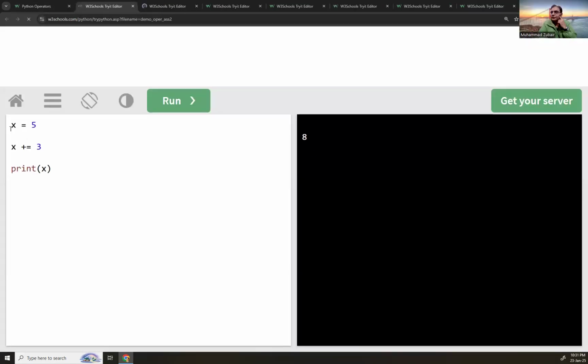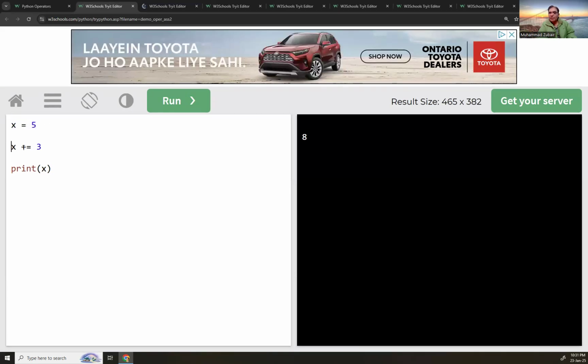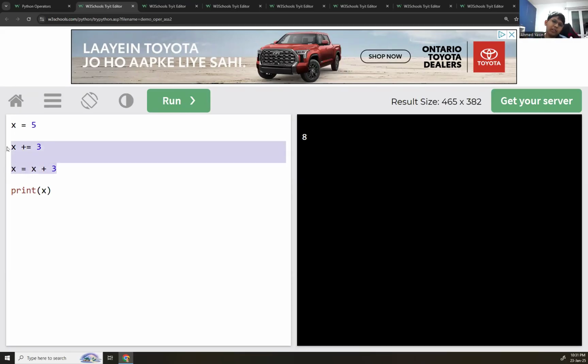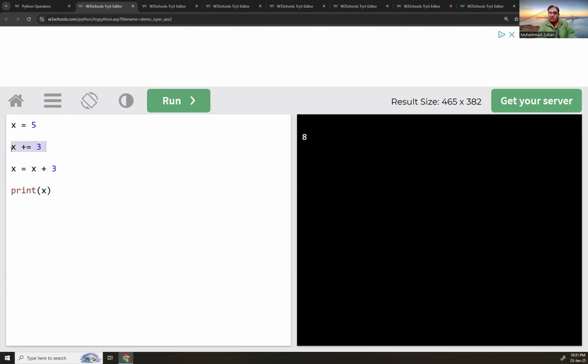So let's try. Here you can see that the value of x is 5. And now we have written x plus equal to 3. It means x is equal to x plus 3. I'm just telling you that either we can write this or this.